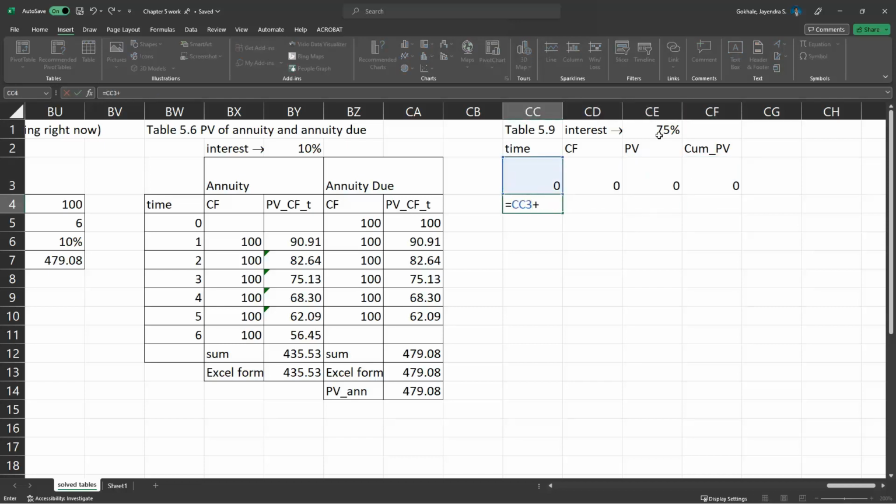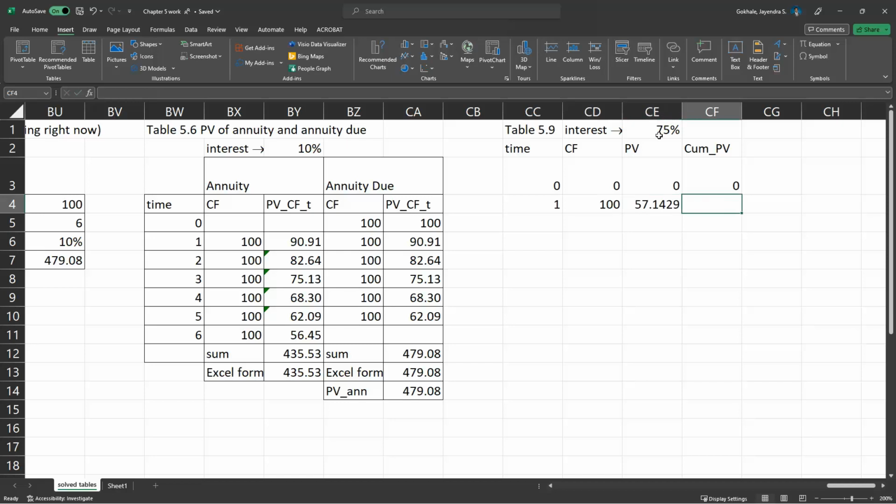Now equals this plus 1, 100, Control D, and then equals this plus this. So as we go ahead in time, it adds the cash flow's present value to the previous cumulative present value.